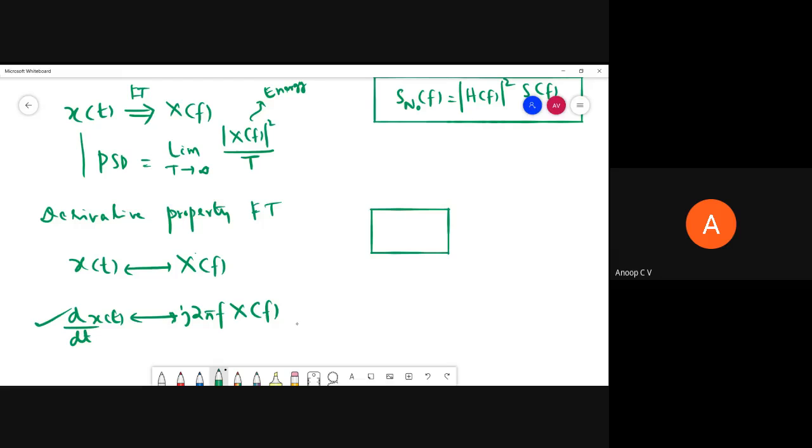If I give x of t and pass it through an LTI system having frequency response j 2 pi f, what will the output be? The Fourier transform of x of t is capital X of f, and this is an LTI system, so the output will be X of f into H of f, which is nothing but j 2 pi f into X of f. Are you clear with this idea?